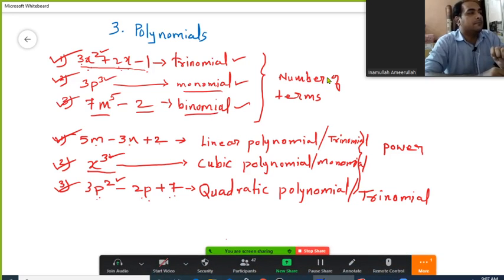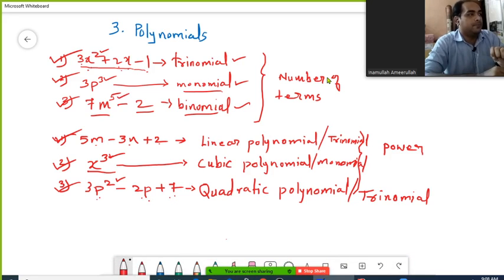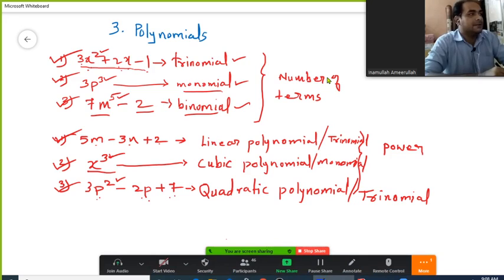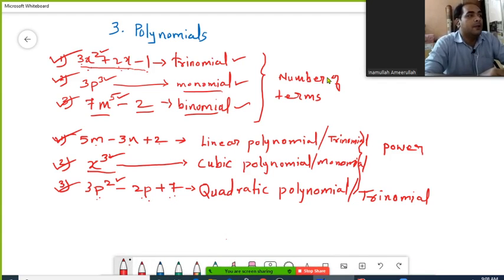But being binomial, you can call it fifth degree polynomial. But that is not a specific name. We categorize only till cubic polynomial, so just let it be. We will call it only binomial because we are learning only this much in our syllabus.